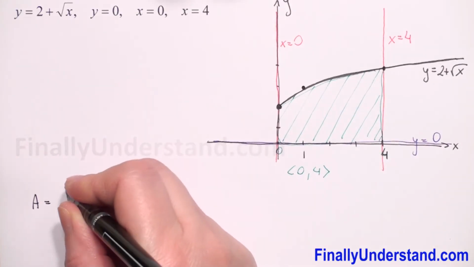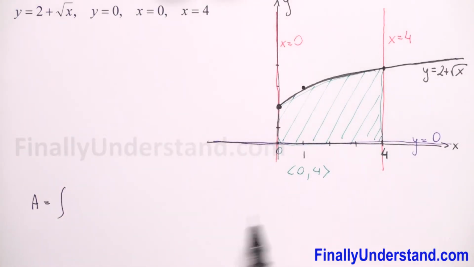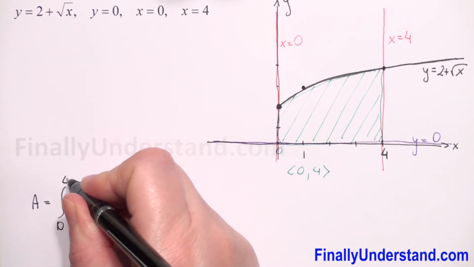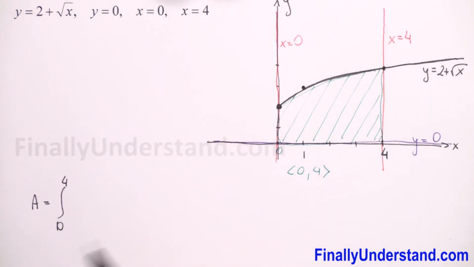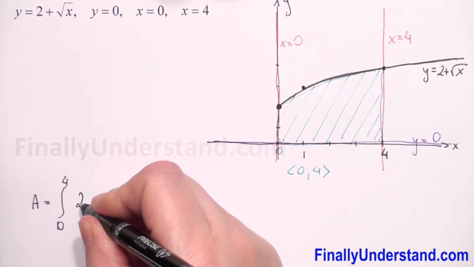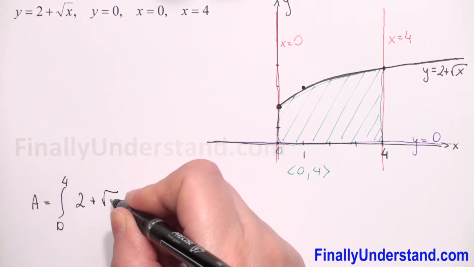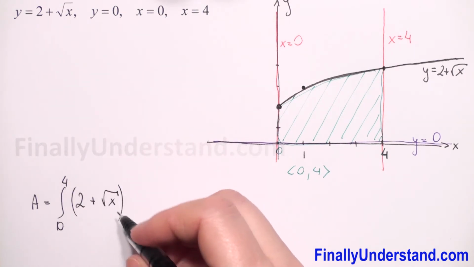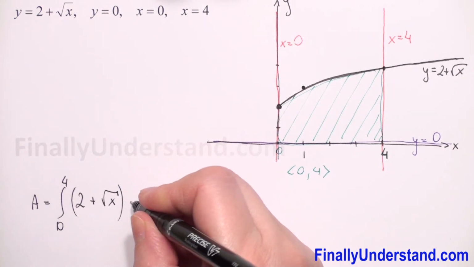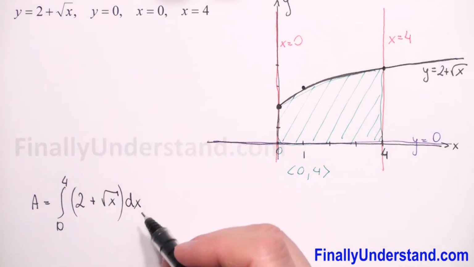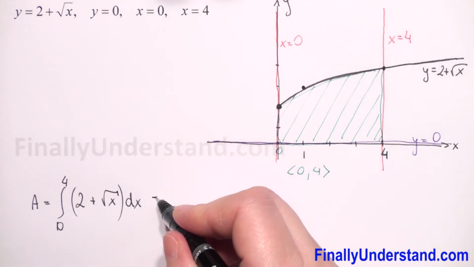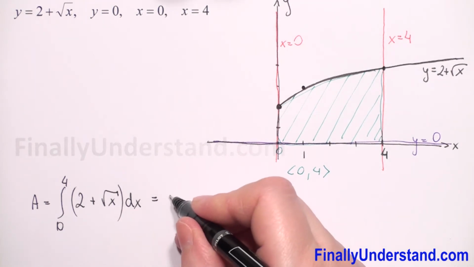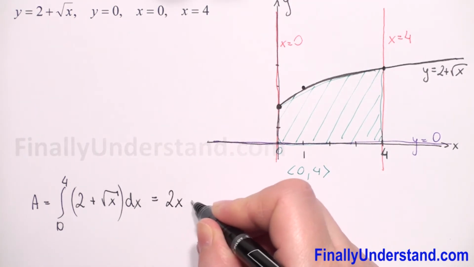A is equal to the definite integral from 0 to 4, and our y function is 2 plus square root of x. We have unknown x, so we have the integral with respect to x. So this is equal to: integral of 2 is 2x.